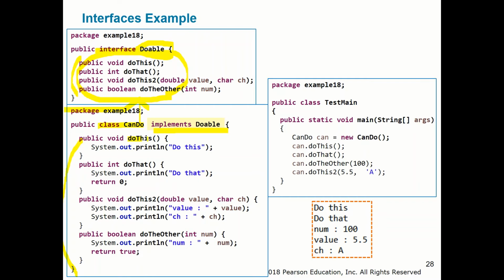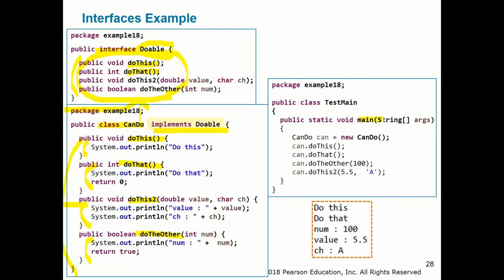So doThis is from doThis. doThis is overridden here, and doThat is overridden here, and likewise doThis2 is overridden here, and doTheOther is also overridden here. So the CanDo class has overridden all the methods.